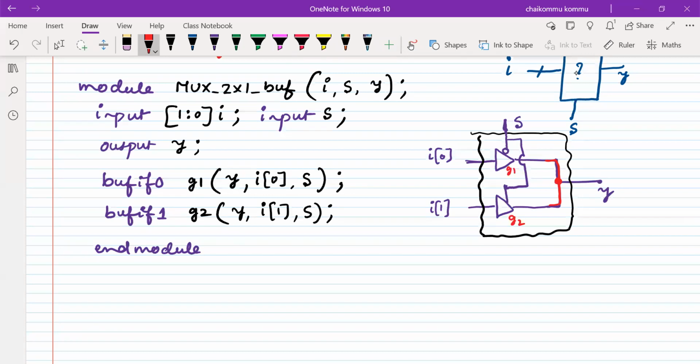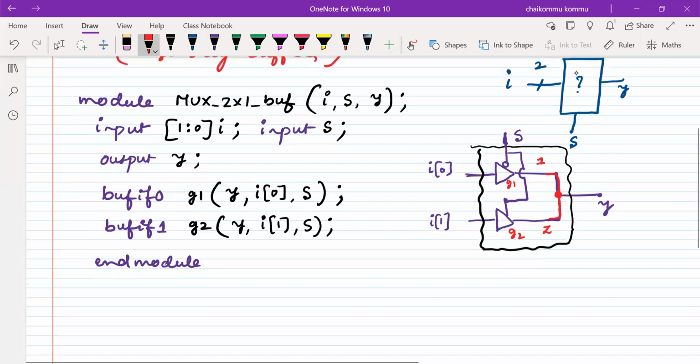So for example, here is a logic one, here is a high impedance state. Then which one has to be selected? Logic one has to be selected, or high impedance must be selected. That is the question actually. Therefore, it is not good advice to consider the output Y as a wire data type.